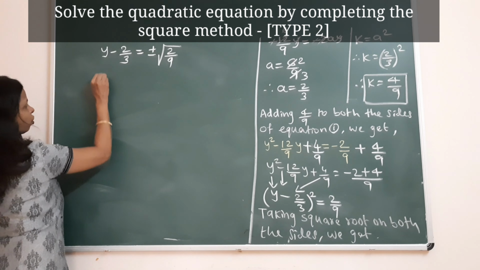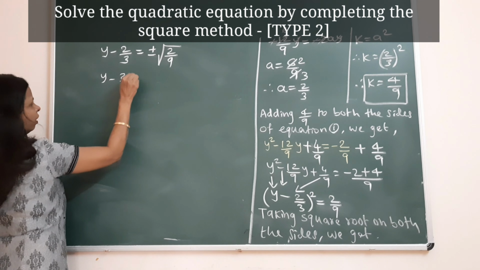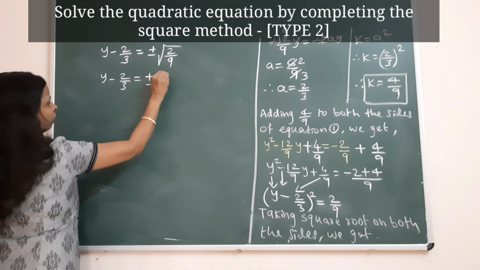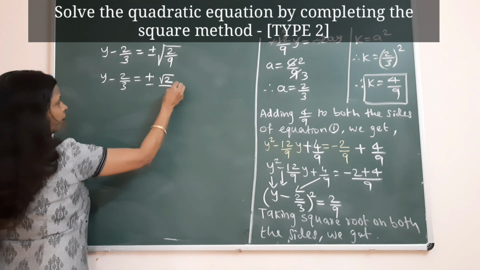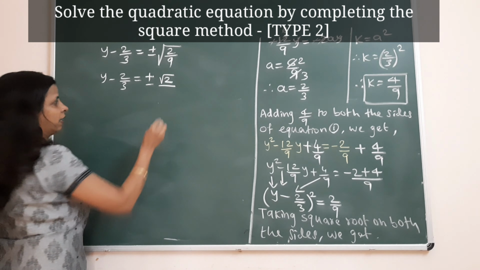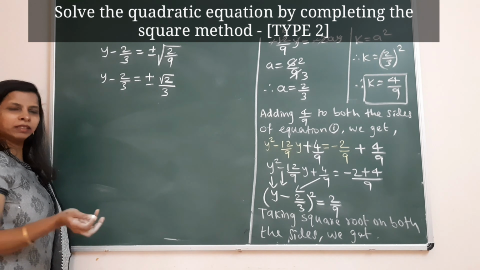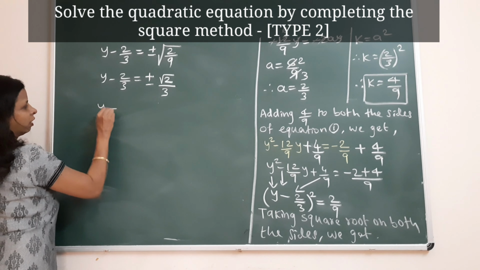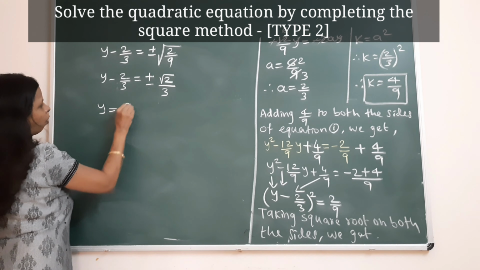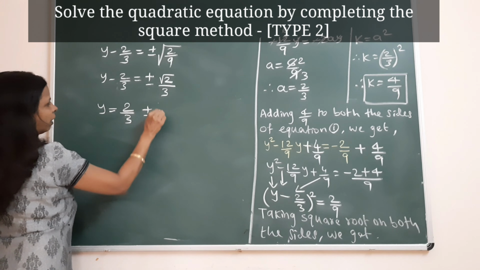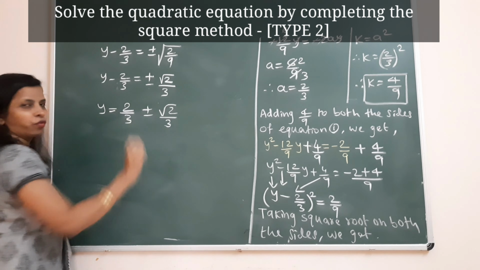Fine. Let us solve further. Y minus 2 by 3 equal to plus minus root 2 upon 3, since the square root of 2 is root 2 and the square root of 9 is 3. So y is equal to, shifting this to the right hand side, plus 2 by 3 plus or minus root 2 by 3.